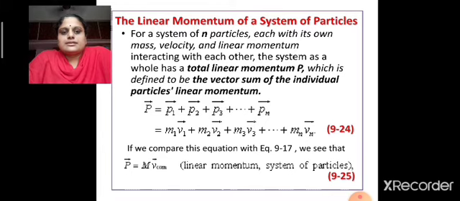So we can write P is equivalent to capital M into V_CM, where capital M represents the total mass and V_CM represents the center of mass point's velocity. So P equivalent to M into V_CM represents the linear momentum of a system of particles.